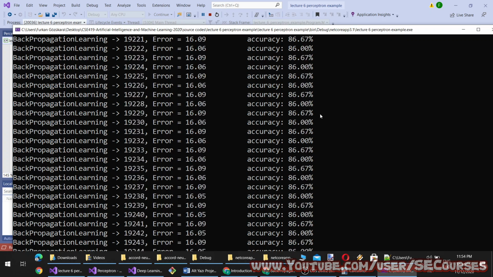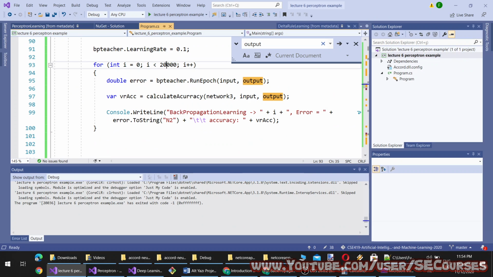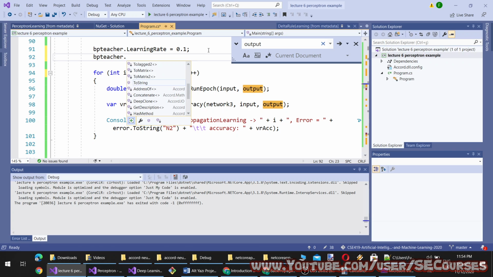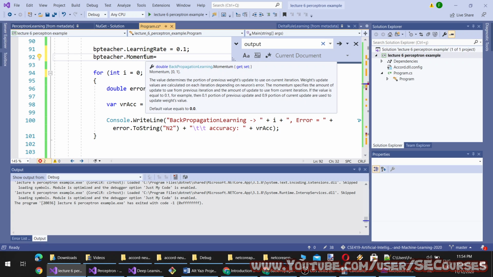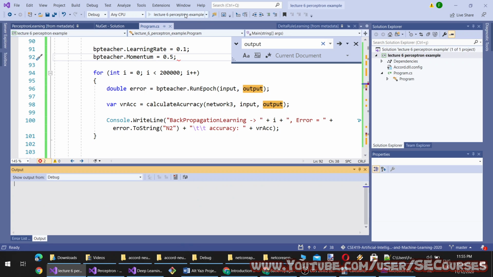Oh, as the weights get updated, it is getting better. I want to see. Let's see. There is also momentum. And what is the default value of momentum? Let's make the momentum like this and see how it affects.